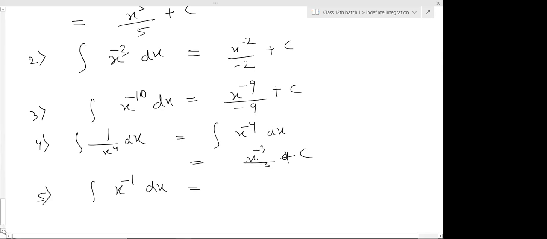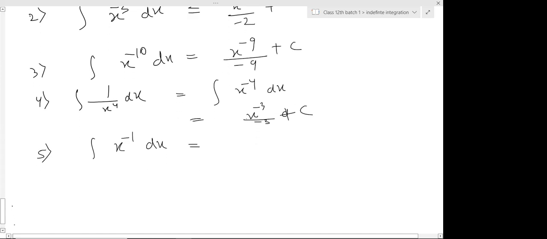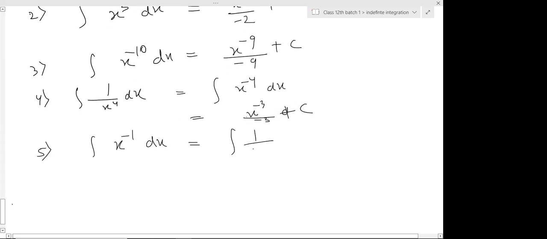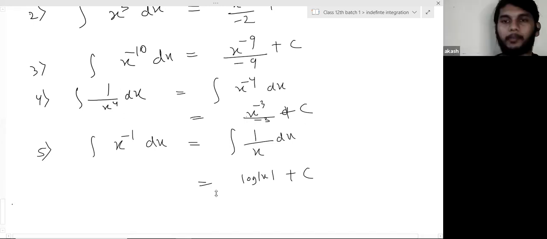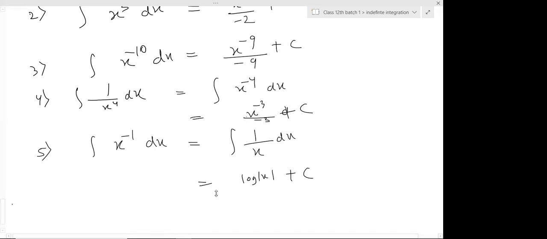This is just to confuse you guys. This is nothing more than integration of 1 upon x dx. This is a standard formula. 1 upon x is log of mod x plus c. All right, everyone. Sir, how did you get 1 by x? x to the power minus 1 is 1 by x, right? Okay, sir. All right.